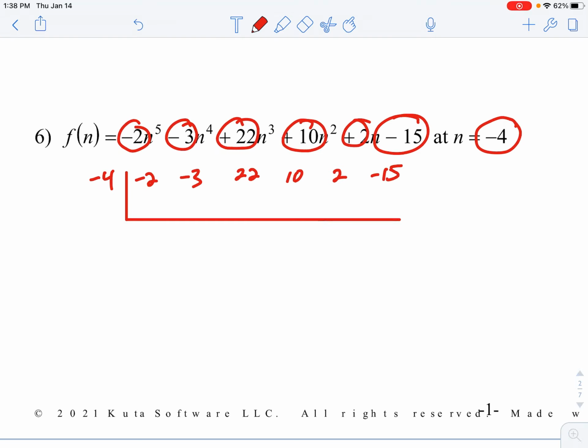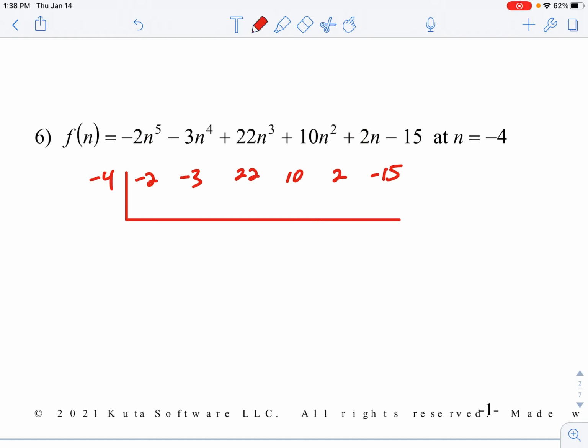Extend that out a little bit and erase all these circles. Okay, so here's the mistake I made. You are supposed to bring this number down and write it there. I didn't do that. I don't know what I did. I think I wrote this number here for some reason on that last problem, and that was my mistake. So just a dumb mental lapse.